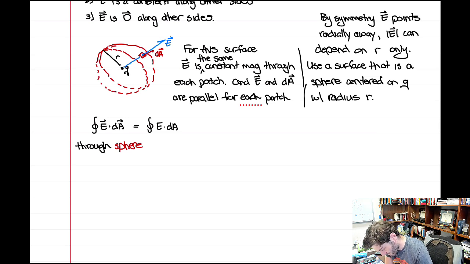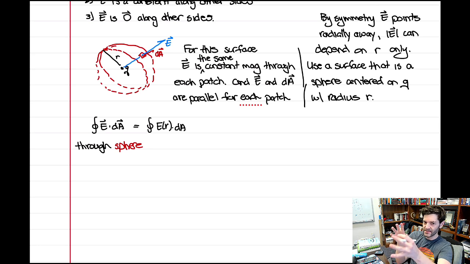Now this E, maybe I'll be very explicit. We said that this E is a function of r only. But then each patch is the same radial distance away from the charge.